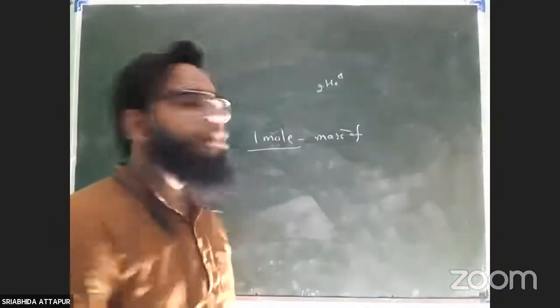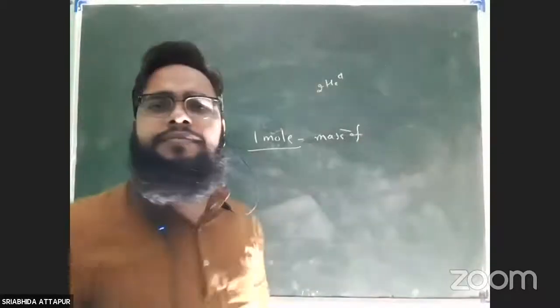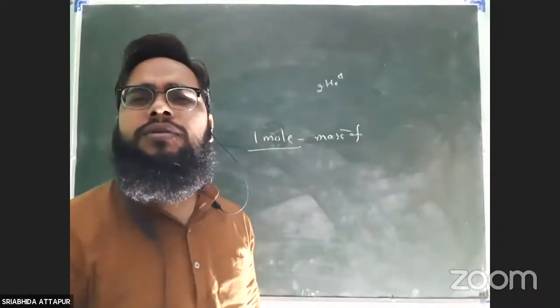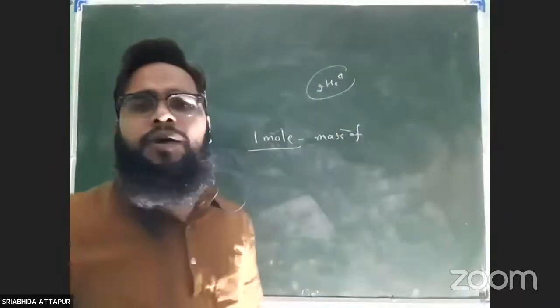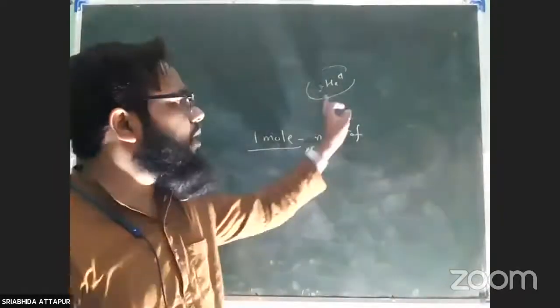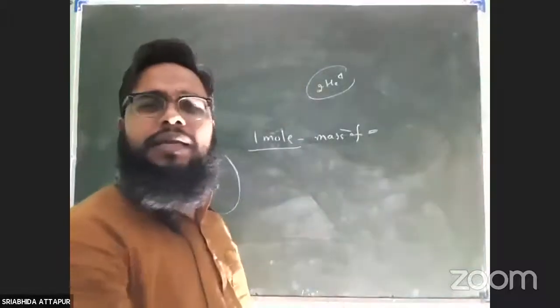Tell me. I think you know 2He4 is helium. Therefore, in 1 mole the mass of helium atoms will be how many? Wait, tell me. Surely you must know something. 4 grams. Yes, 4 grams. Say it, at least sound like you know.